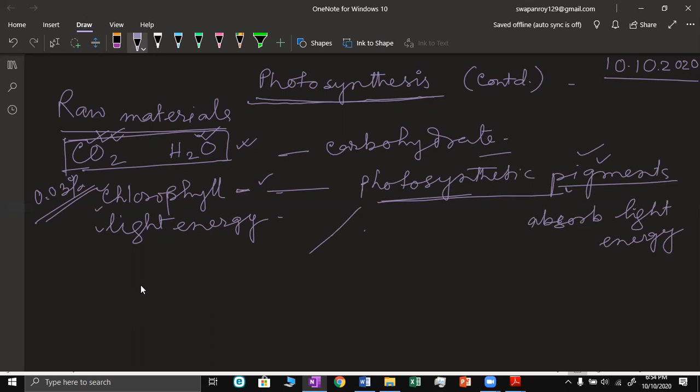Among them the main pigment is, of course, chlorophyll. Other pigments are carotenoid, which is carotene and xanthophyll.